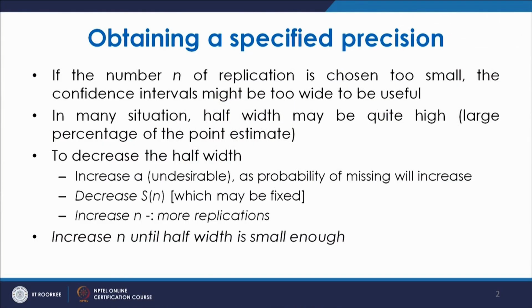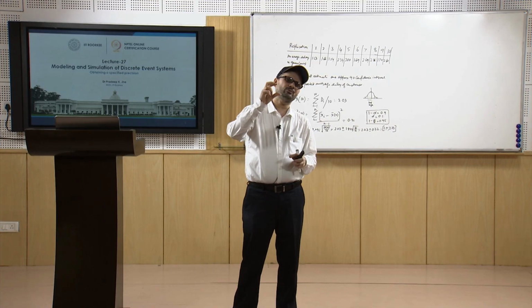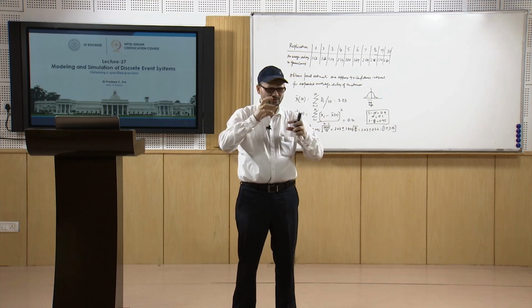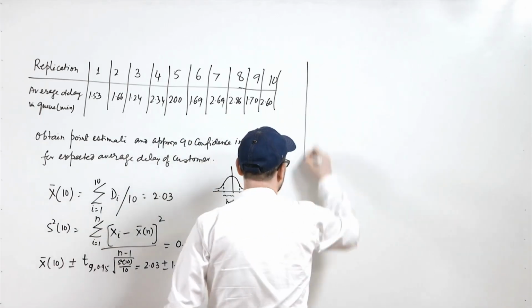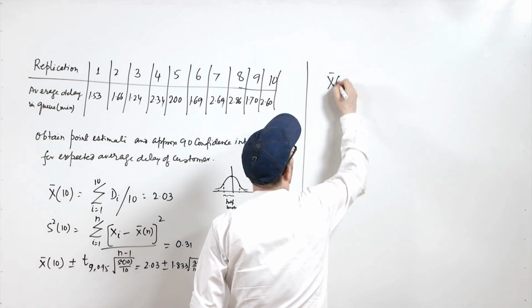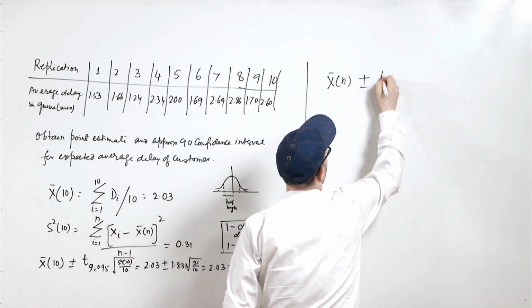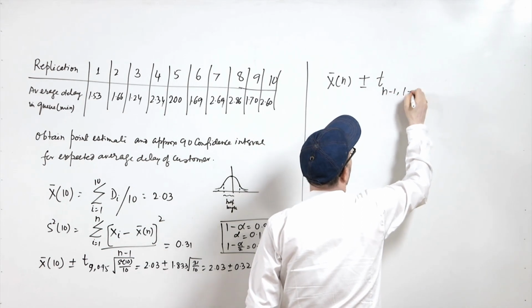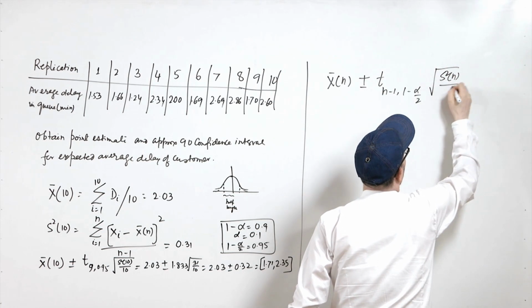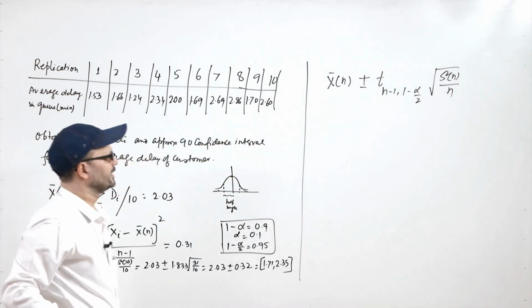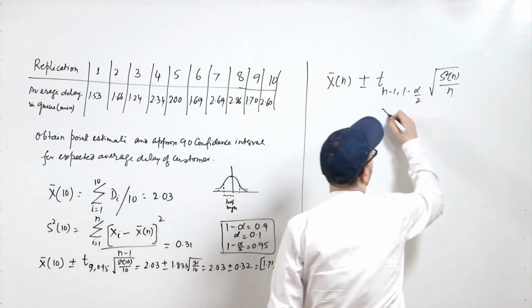Now, if we increase the n value continuously and keep the s square n value fixed, in that case, we have the expression x bar n plus minus t n minus 1, 1 minus alpha by 2, under root s square n upon n. So, in this case this is the half length.